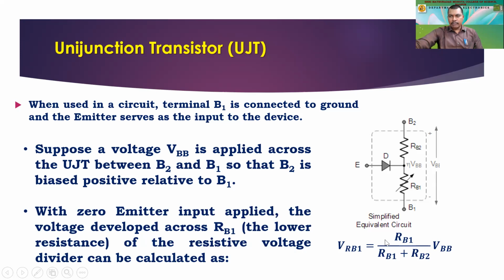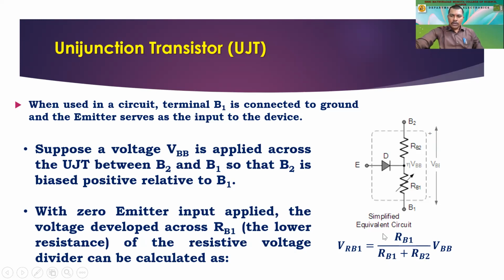This ratio we call eta, and it is multiplied by the input voltage. So we expect the output voltage VRB1 across this RB1, and that is equal to RB1 by RB1 plus RB2 into the total voltage, that is VBB, right?